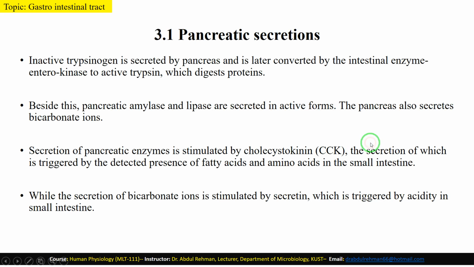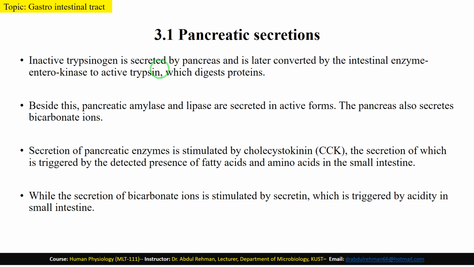Now the pancreatic secretions. Inactive trypsinogen is secreted by the pancreas and is later converted by the intestinal enzyme enterokinase into active trypsin, which digests proteins.